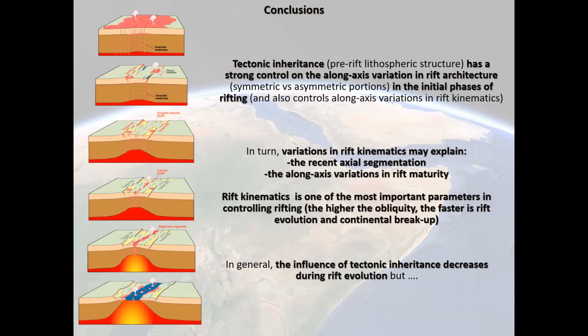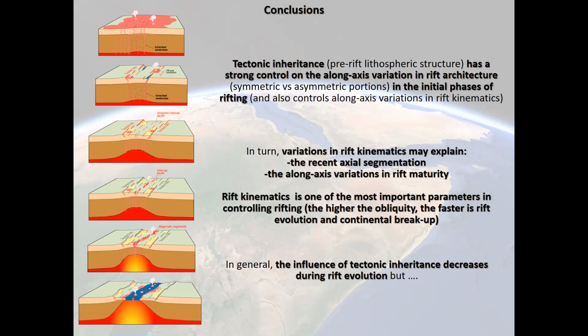we can go back to the influence of tectonic inheritance and rift kinematics on this process. And we can summarize the influence of these two important parameters by saying again that inheritance and the pre-rift lithospheric structures have a strong control on the geometry of the deformation, but also on the along axis variation in the architecture of rifting.